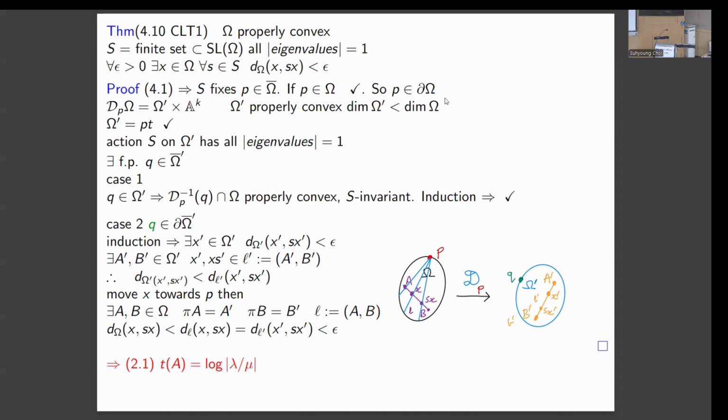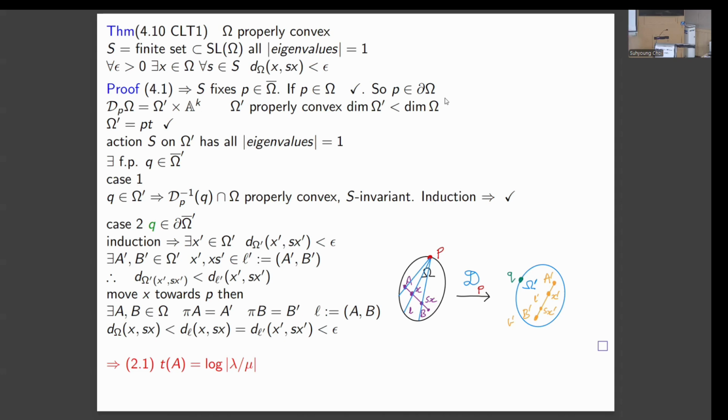So we've got the original set omega. We've got this finite set S of transformations preserving some point P. And here I'm indicating some lines coming out of this point P. We're taking the space of directions, so each one of these lines maps to a single point in a projective space of one dimension lower.